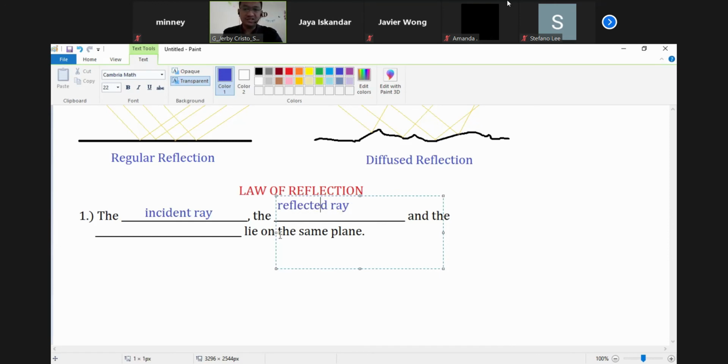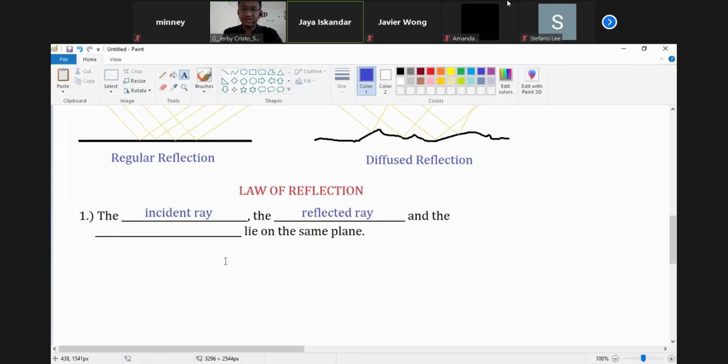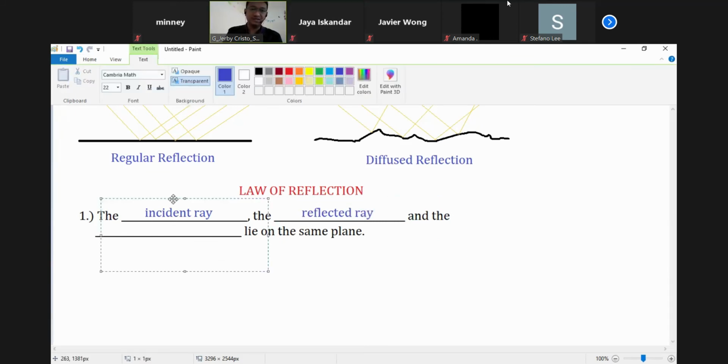And what's the other missing term here? Normal. Yes, that is correct, Jaya. We have the normal. So the incident ray, the reflected ray, and the normal lie on the same plane.